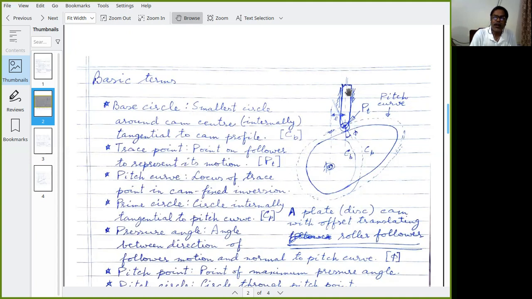Okay. So now, if this offset were not there, if this follower motion line were passing through this cam center, then you would have a radial follower. In this case, it is an offset follower. Both translate. And if the follower oscillates in a rotary style about a fixed point, then it would be an oscillating follower.